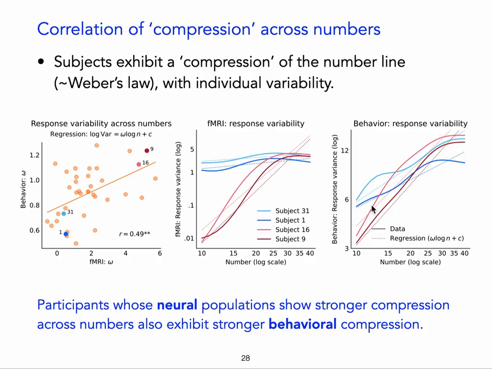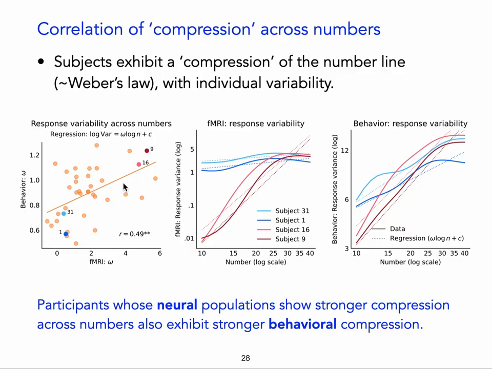And to capture this variability, I'm going to do a simple linear regression of those 2 quantities, the variance versus the number. So this is, once again, just looking at behavioral responses, and this is looking at the fMRI-derived responses. And once again, there is this inter-subject variability, but we recover the same ordering of this kind of compression pattern across subjects.